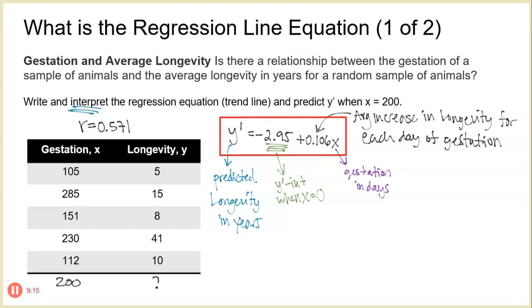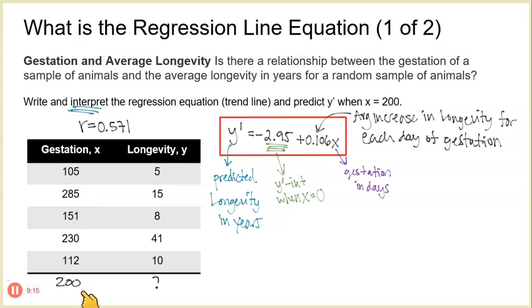So one thing we want to ensure is that the value we're using is within the current data set. I can use 200 because it lies between the smallest number in my data set and the largest number.